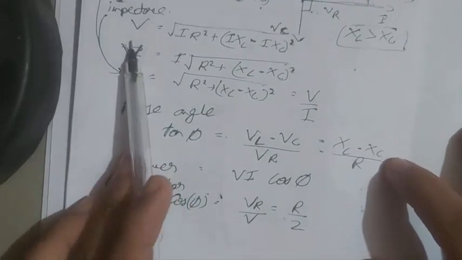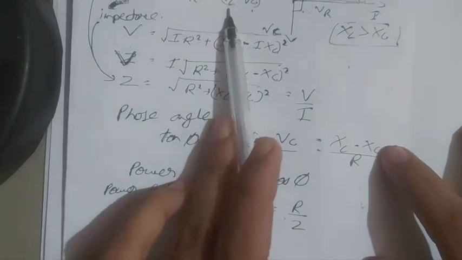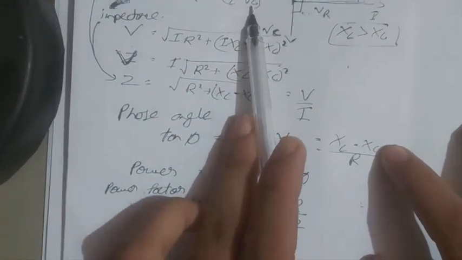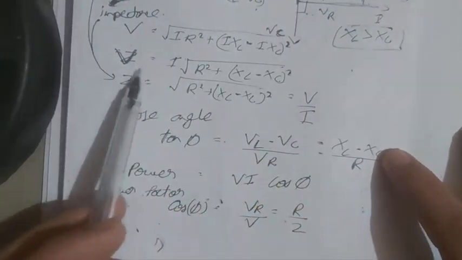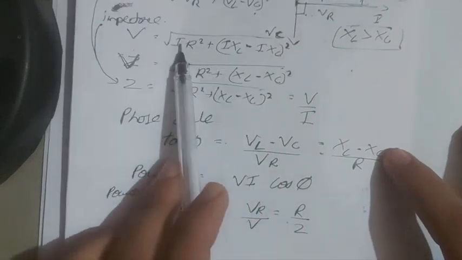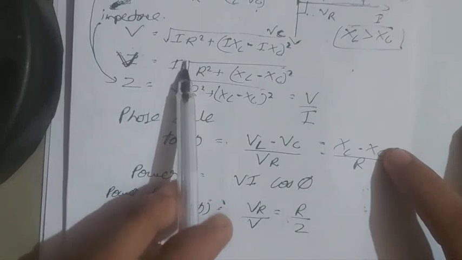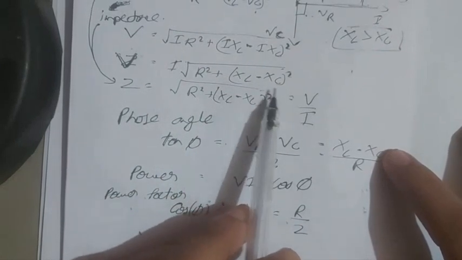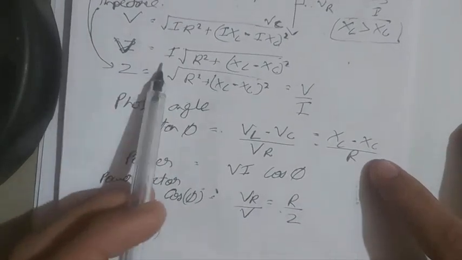So VR is equal to IR, VL is equal to IXL, and VC is equal to IXC, whole square. I is common in both, so I comes out, and what is left is root R square plus XL minus XC whole square.